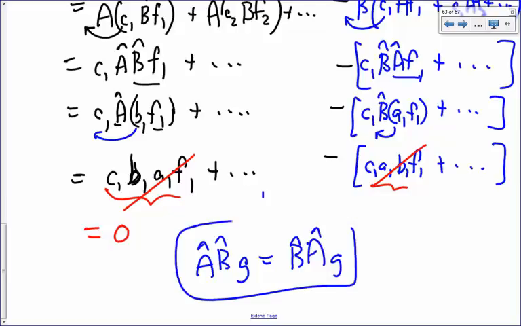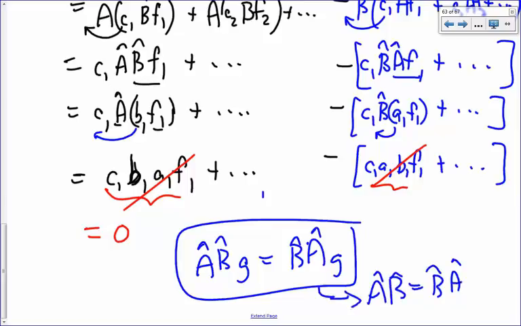You can show that if G is an eigenfunction, and then they're just going to say that it must be that AB is equal to BA. Okay. If G is a specific function, then this does not follow. G must be an arbitrary function. In some textbooks, the proof is given where G is an eigenfunction right away. But that doesn't follow.